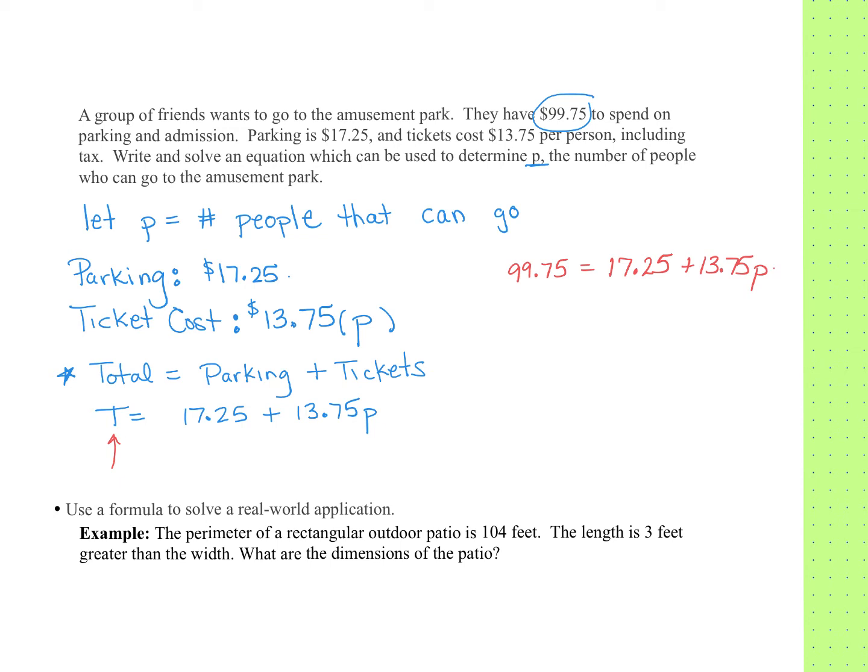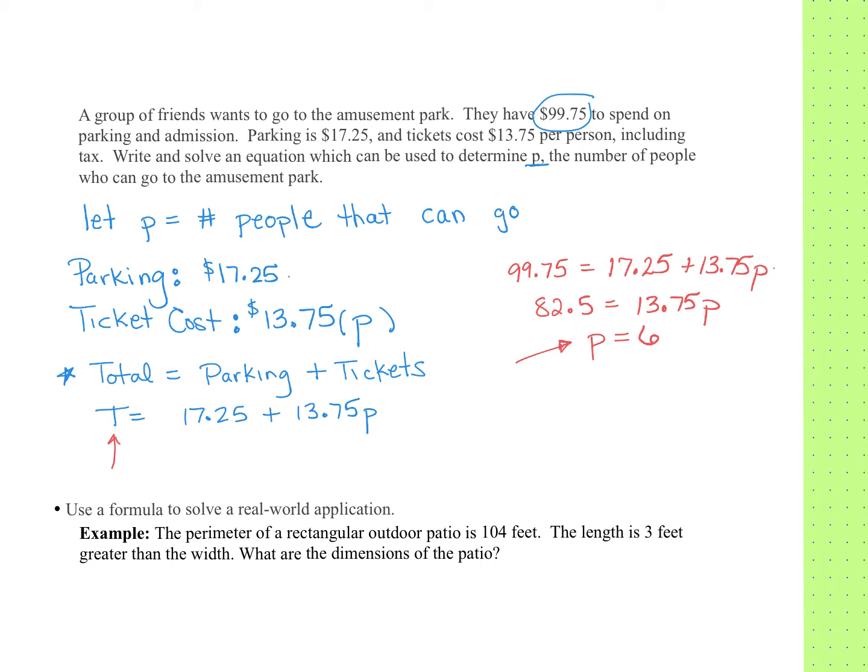So we're going to first subtract from $99.75 the $17.25 and get 82.5 is 13.75 P. And if we divide by 13.75, we get P is 6. So hopefully their vehicle can handle 6 people.